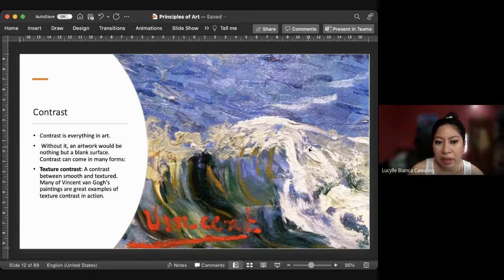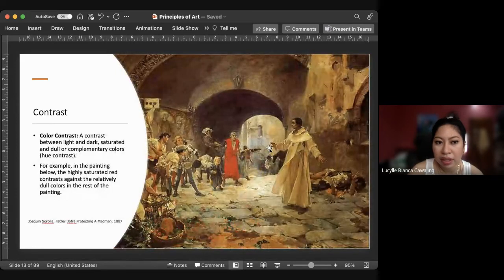This is by Vincent van Gogh. And then this is another example of a color contrast, where this red here is contrasting to the rest of the colors.